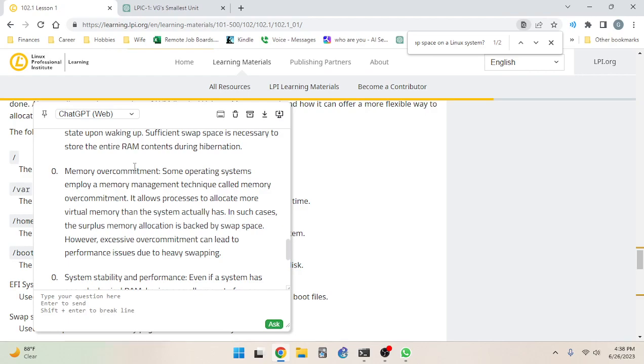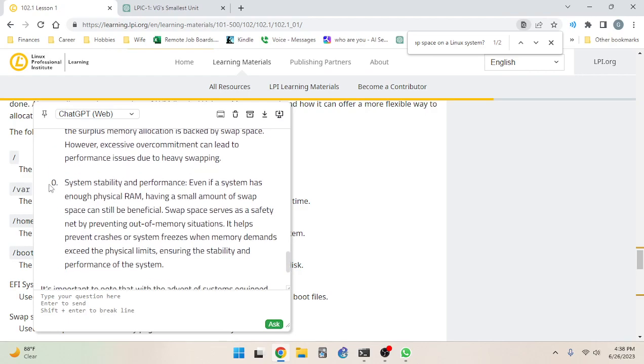Okay, then there's memory overcommitment and system stability and performance. Even if a system has enough physical RAM, having a small amount of swap space can still be beneficial. Swap space serves as a safety net by preventing out-of-memory situations.